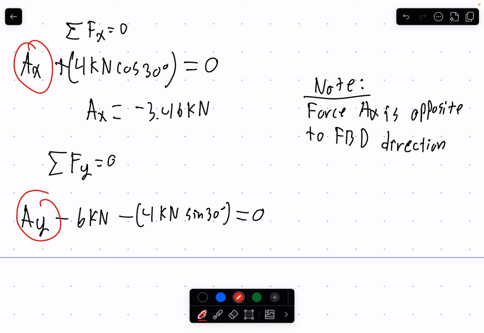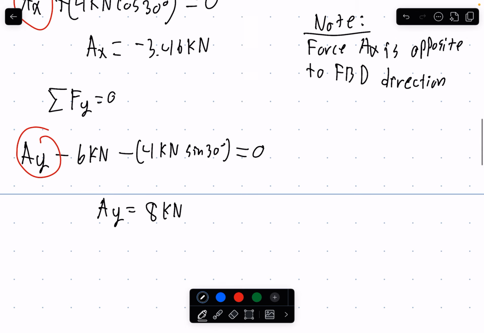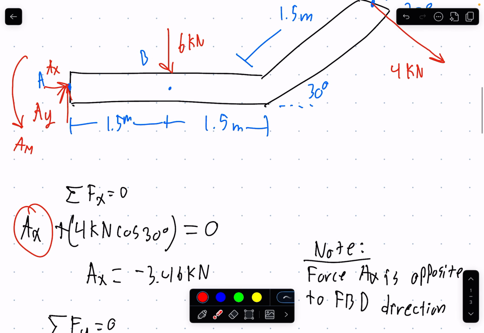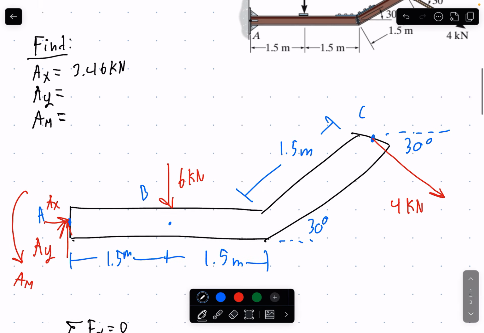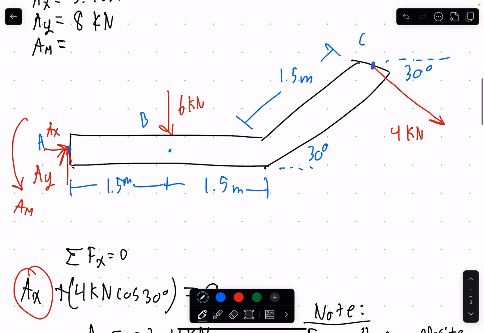Again, I have one unknown, so you apply that into your calculator. You should find AY is equal to 8 kilonewtons. Perfect. And we got a positive number right there, so that simply means that we wrote AY right here in the correct direction. And that'll be our second unknown.